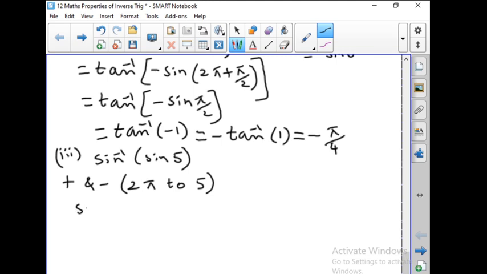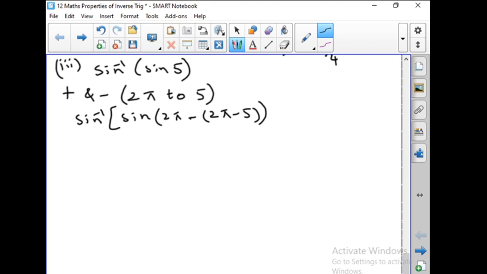So this becomes sine inverse of sine of 2 pi minus, 2 pi minus 5. Can we write it like this? For our convenience we are writing it like this to get the answer. 2 pi we have added and this we have subtracted, plus 5 we have, so minus of minus.